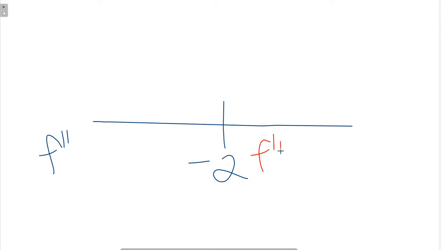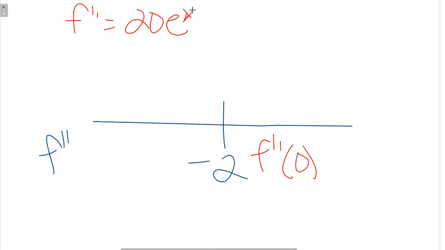I'm going to use your calculator. Your calculator is going to be your best friend. f double prime of 0: let's put this up here so you guys can see it. We still need our second derivative, and that second derivative was 20 times e to the x plus 10x e to the x.